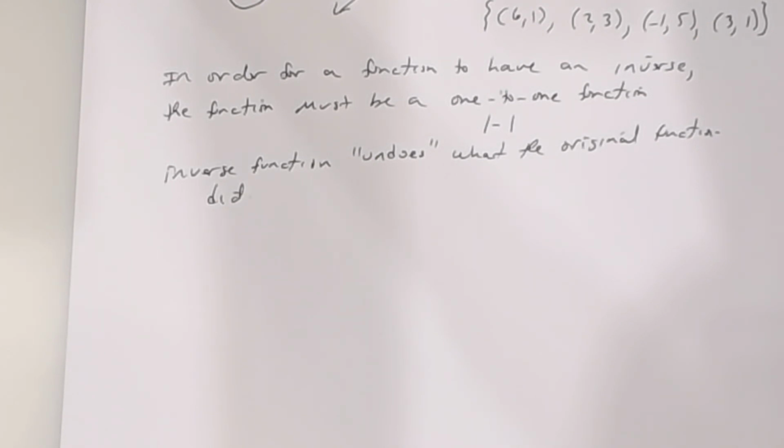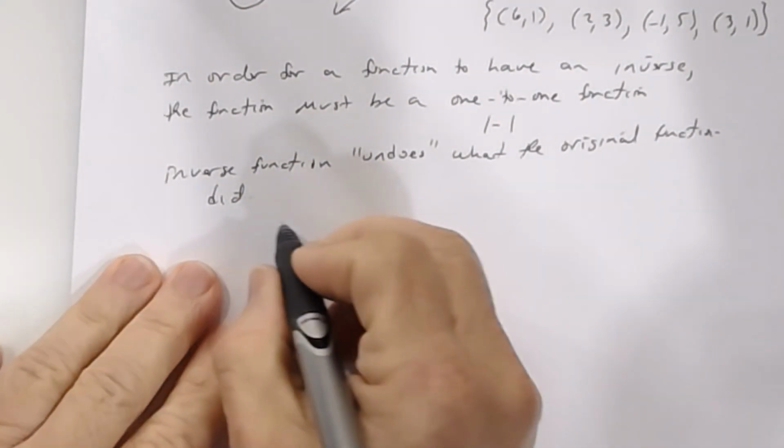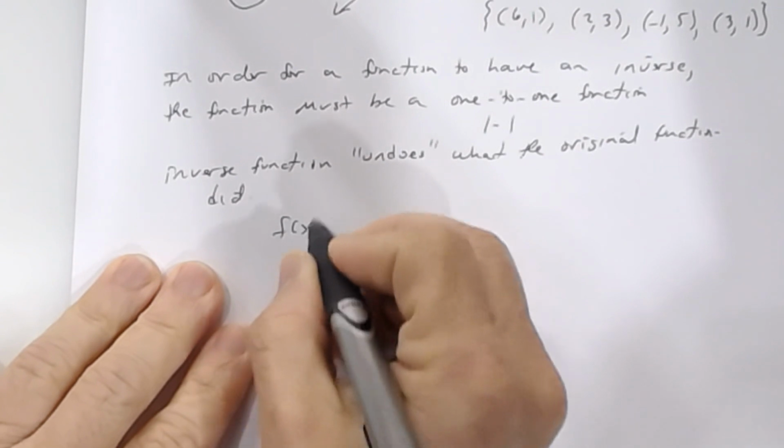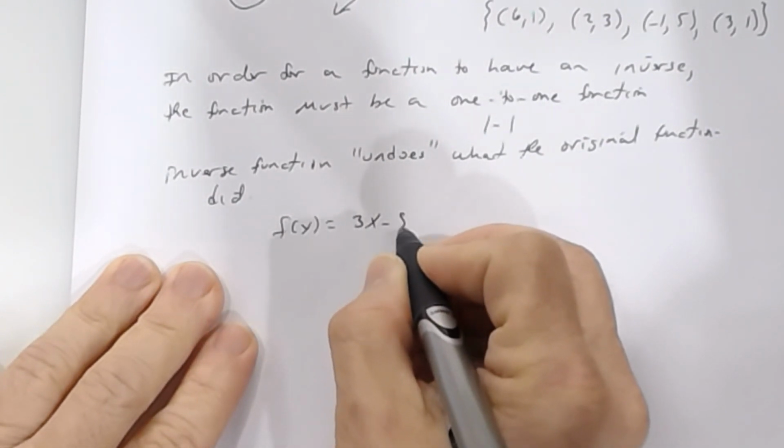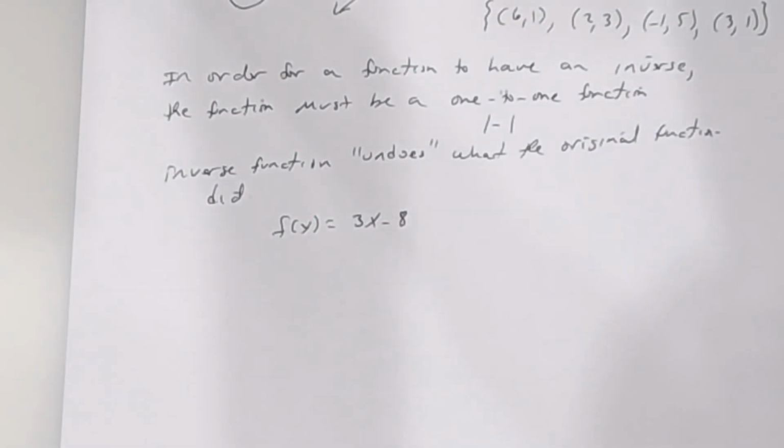So for example, the easiest function to talk about with regards to inverses is a linear function. So listen carefully. Suppose you're told that f of x is 3x minus 8. Now listen to the words.